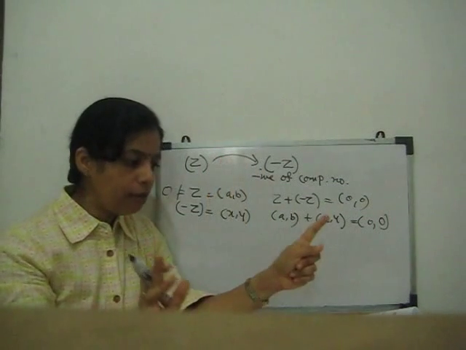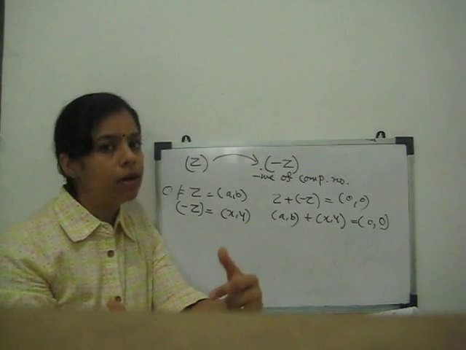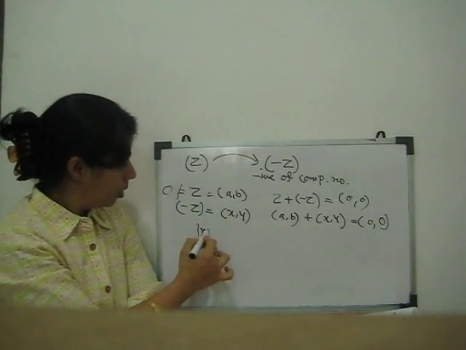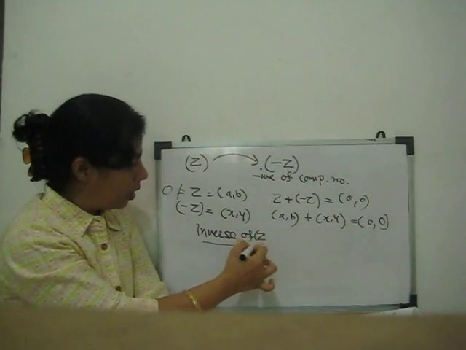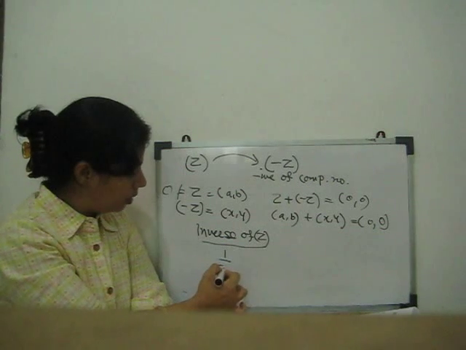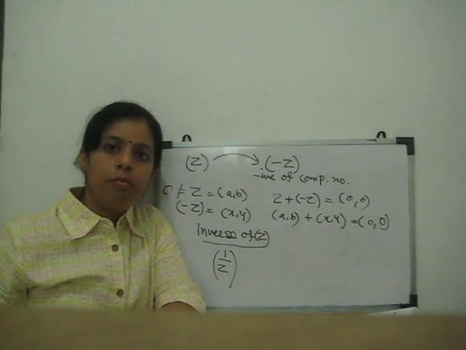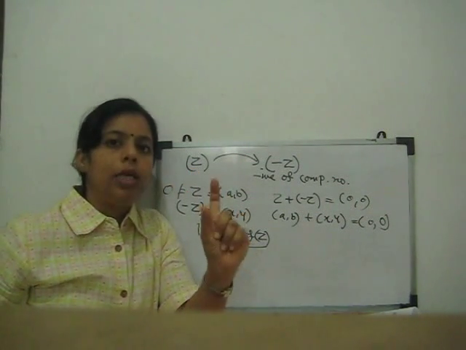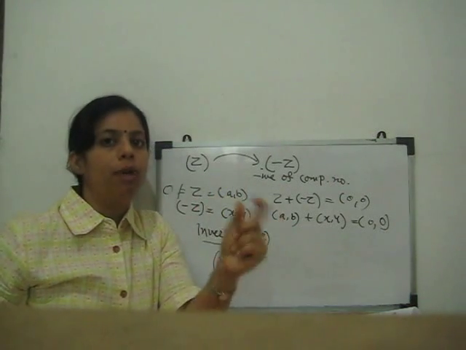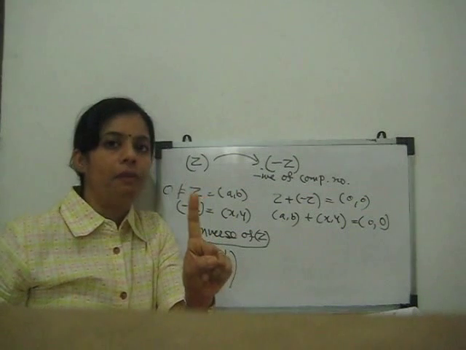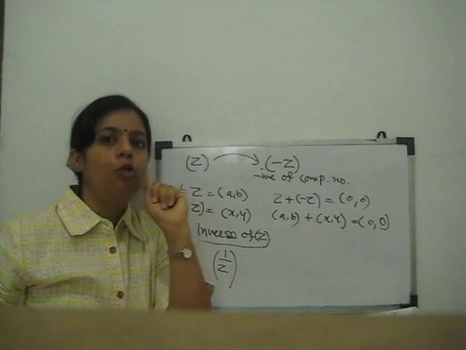Clear? Next is the inverse of z. Inverse of z is 1 by z. Clear? If we talk about real numbers, if 2 is a real number, then its inverse is 1 by 2. So 2 multiplied by 1 by 2 gives 1. Always any number multiplied by its inverse gives the value 1.